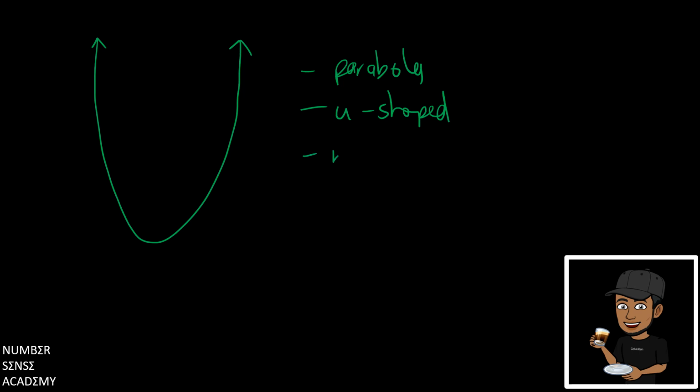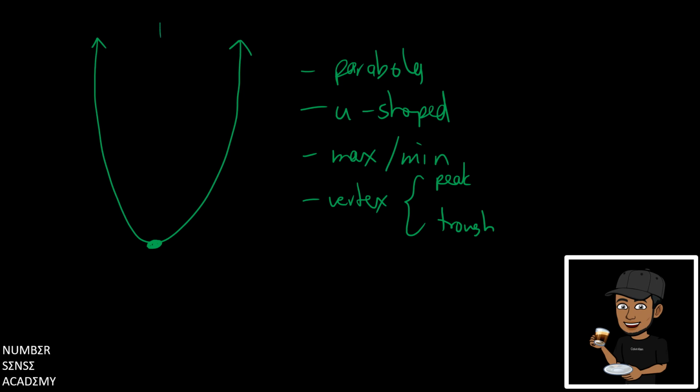It has a max or min depending on the negative sign in front of A. And then it also has a vertex, which is either a peak or a trough, like the bottommost part.